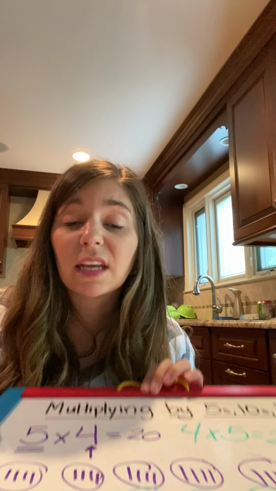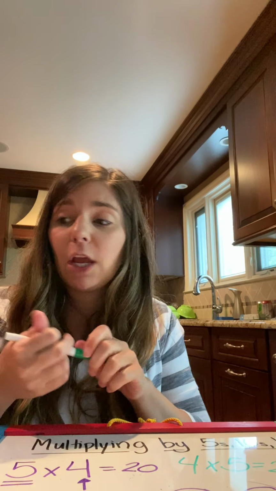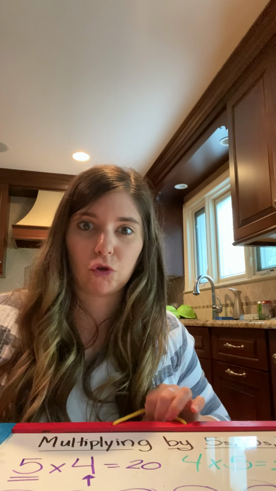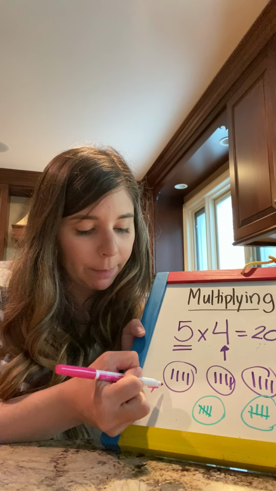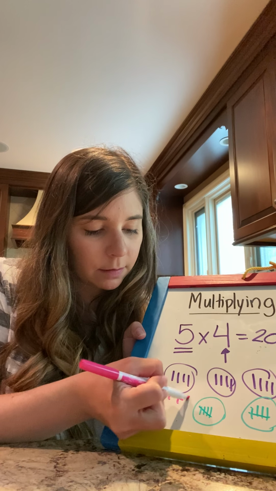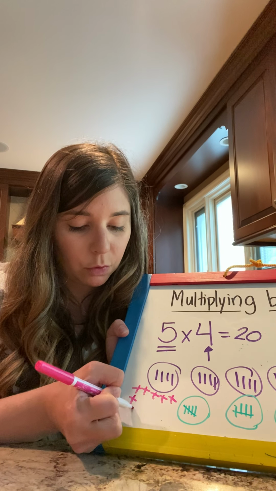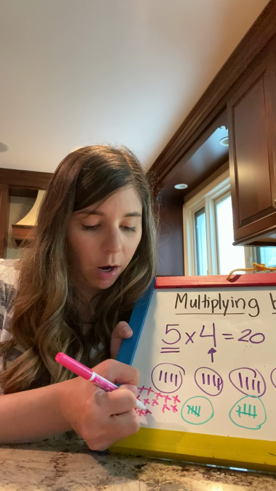Now, you can save yourself the picture. You don't have to draw the picture. Okay? You can also make an array. Oh my gosh, so many things we could draw to help us. So many strategies. I'm going to make it over here, okay? So I can put 5 X's. And I'm going to make 4 rows. 1, 2, 3, 4. Okay? So I could draw an array.